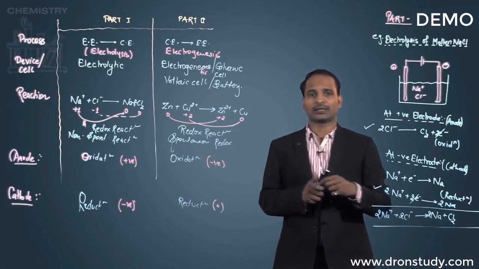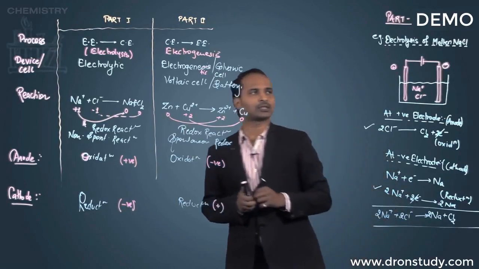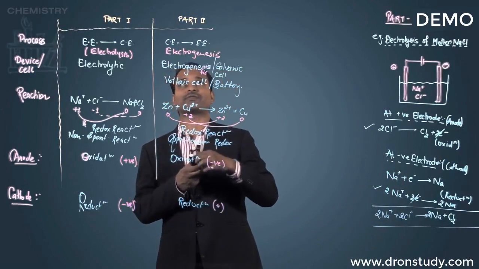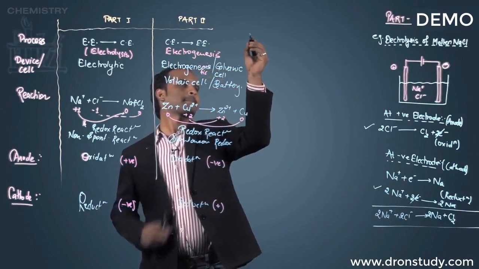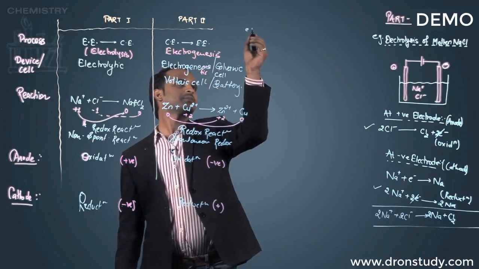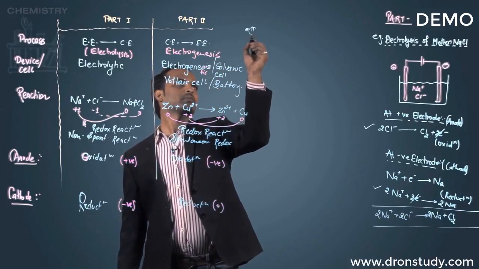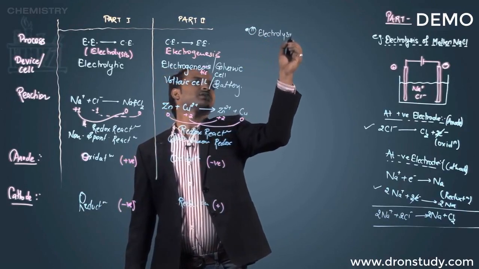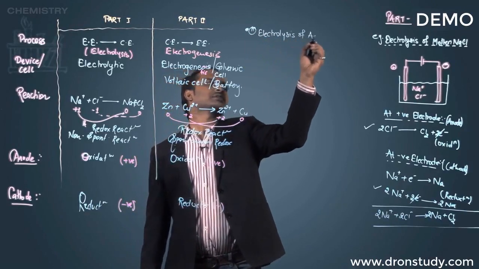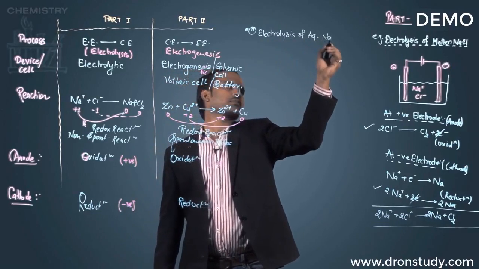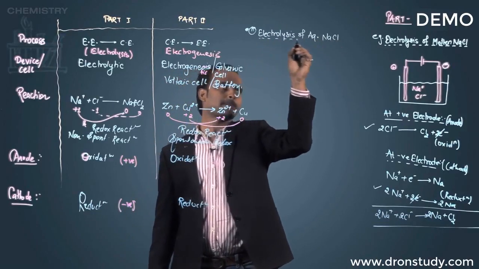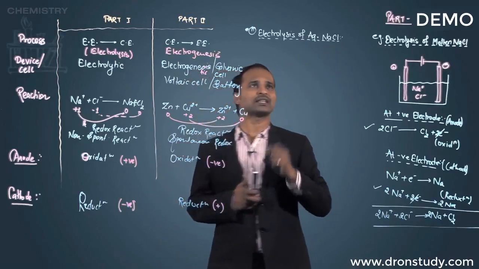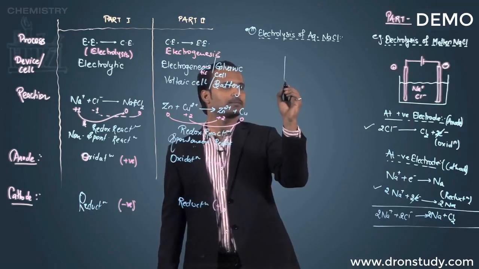Now let's see another example, the same electrolysis, but now it is example number 2, the electrolysis of aqueous NaCl. Aqueous NaCl means the water is also there.